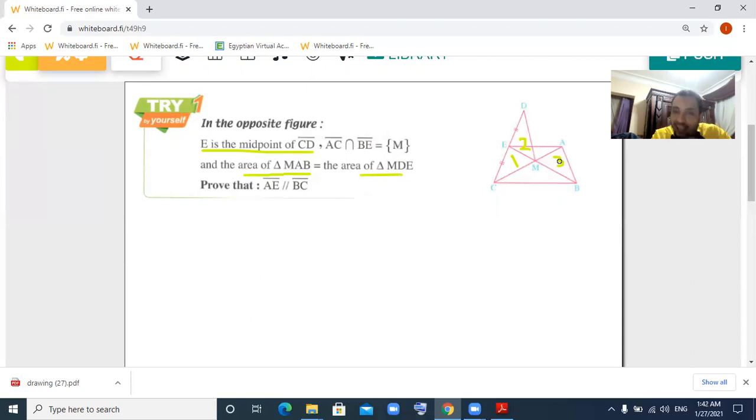So by adding the area of the small triangle AME or the big triangle MBC to both, you will get two triangles which make something like trousers. They have a common base, are equal in area, and lie between two lines, so the two lines are parallel. Please try to write the proof of this question. Listen to me again, and please try to write the proof.